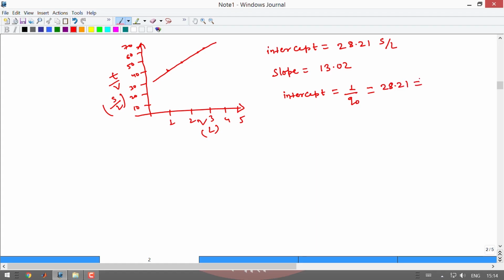In foot-pound system it will be about 800 second per feet cube. Coming to the slope part, slope equal to Kc by 2 equal to 13.02. In foot-pound system it will be 10440 second per feet cube.